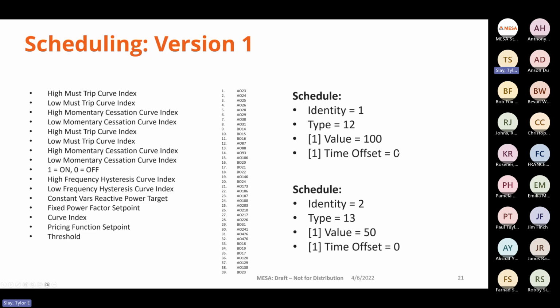This is offset from the start time of your schedule's configuration. I've taken that out of this slide just to make things a little bit easier to follow. And the second schedule, identity 2, type 13, is AO 88, value 50, time offset of 0.